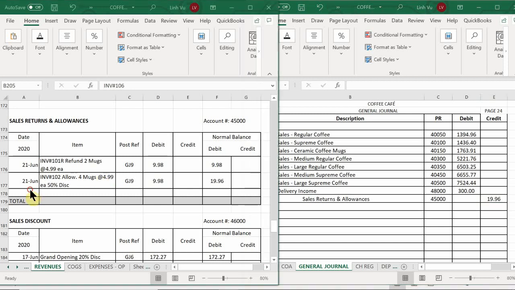Okay. So therefore, in this, you should put 6:30 close general journal 24, and we're going to credit it for the $19.96, which in this case should definitely zero out your account.